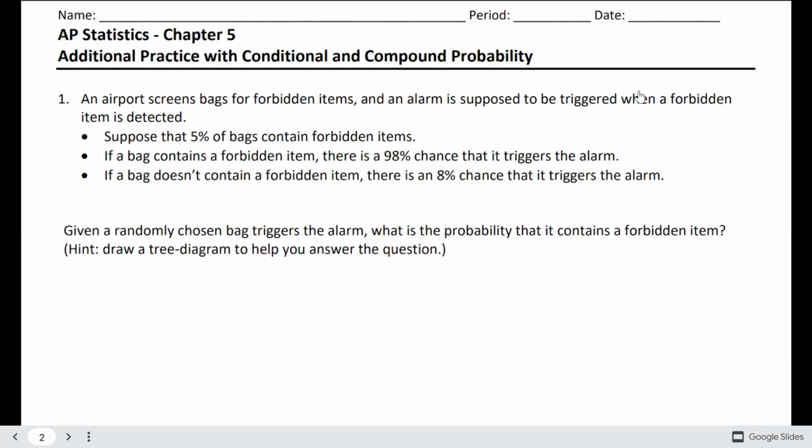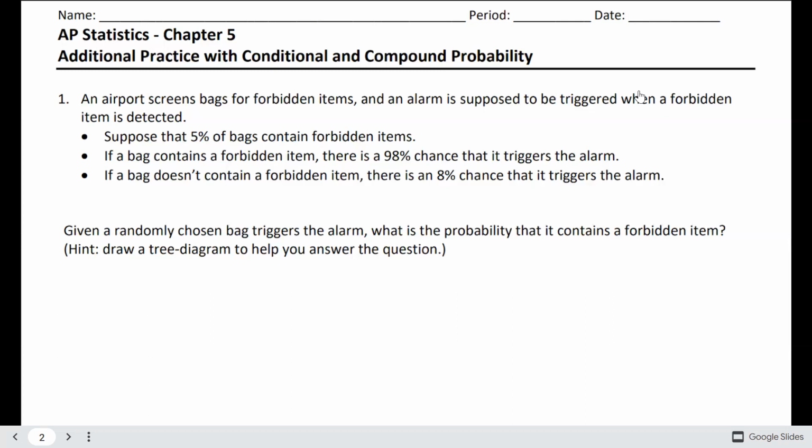What should go up in my numerator? 0.049. Those are the ones that set off the alarm because they contained a forbidden item. Pop that fraction into your calculator and tell me what that would be. 0.392. What does that mean?